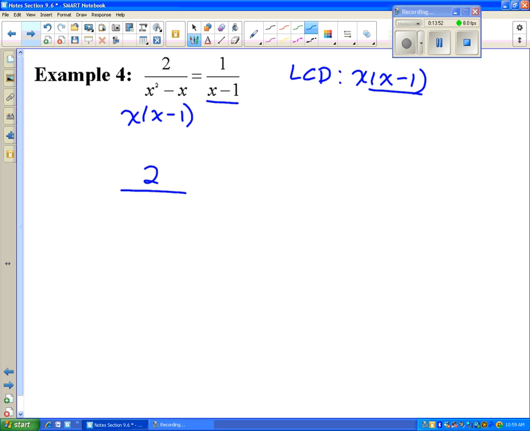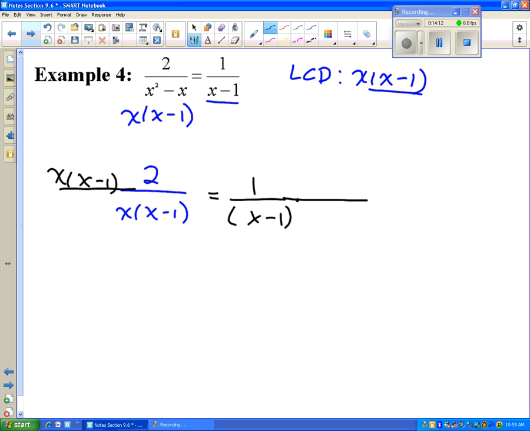So 2 over x times x minus 1 multiplied by my LCD, x times x minus 1, is equal to 1 over x minus 1 times my LCD, x times x minus 1. Grab my red marker. Both of my denominators cancel here. The x minus 1's cancel here. I get 2 is equal to 1x, or x.